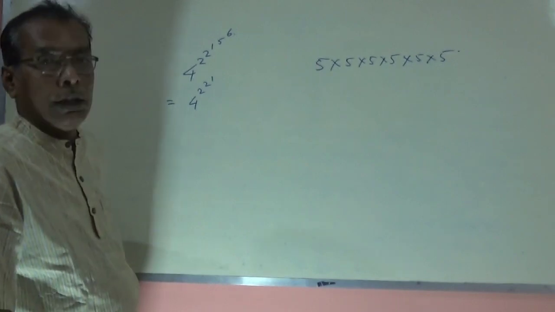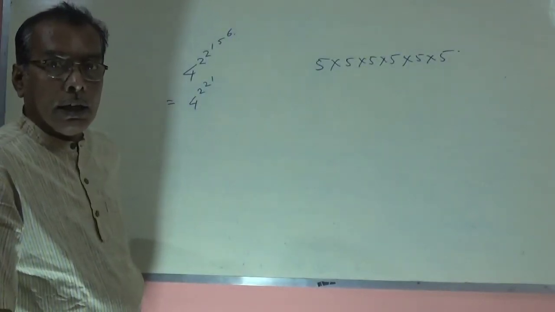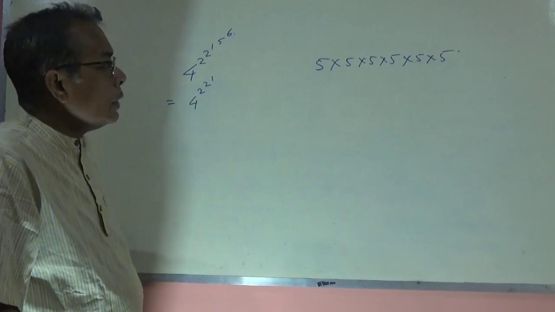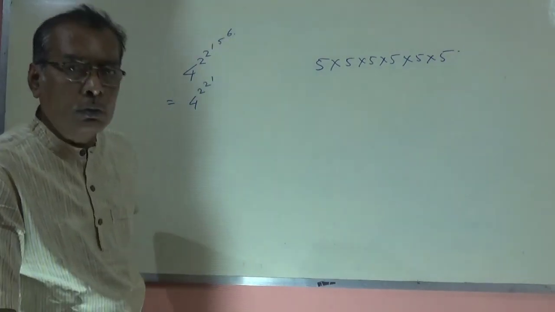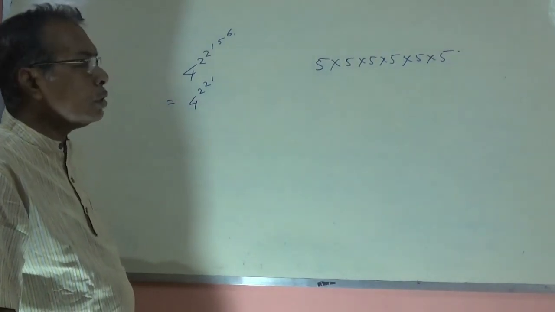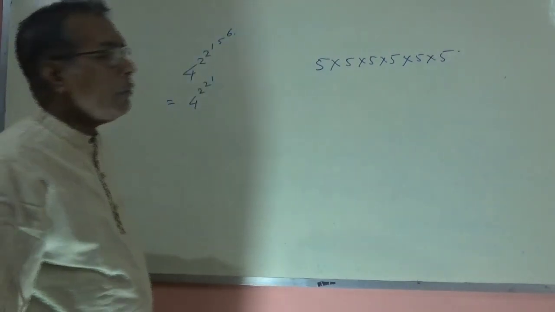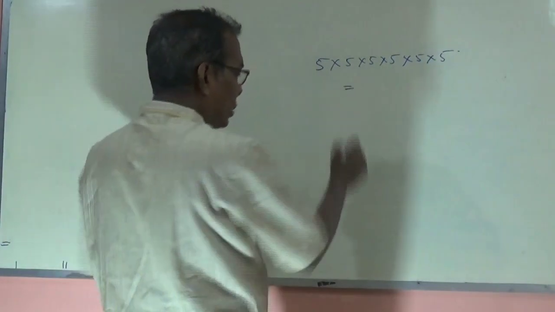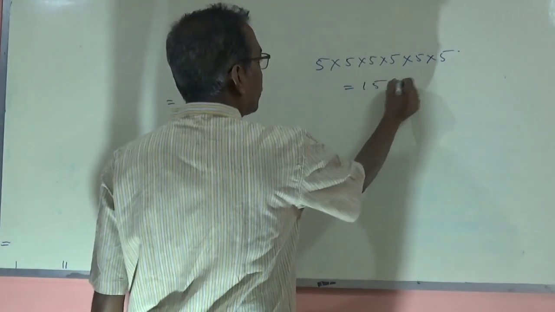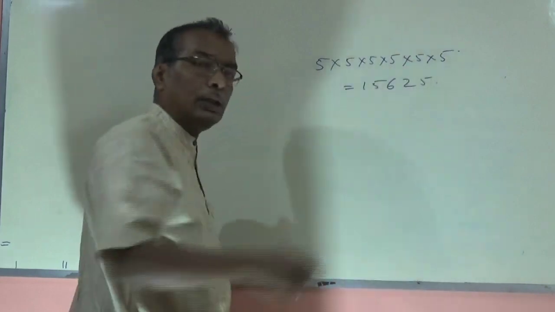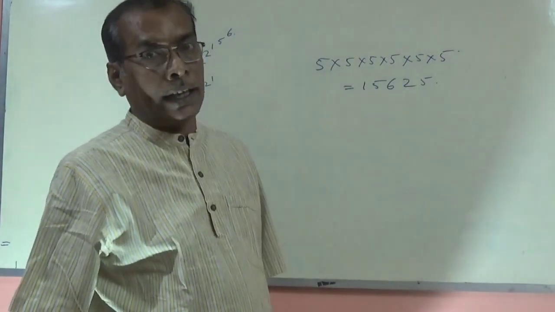A big value will come. Even I hesitate to do this calculation, but it does not mean it is impossible to find. The value is coming as 15625, which I got by using my calculator.